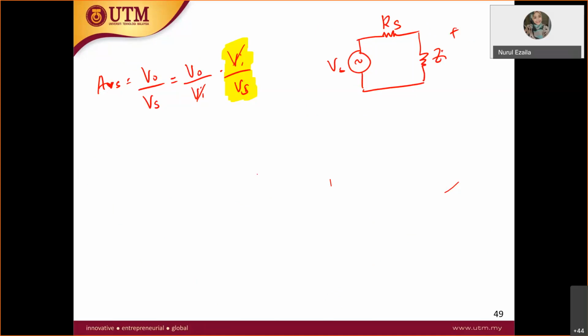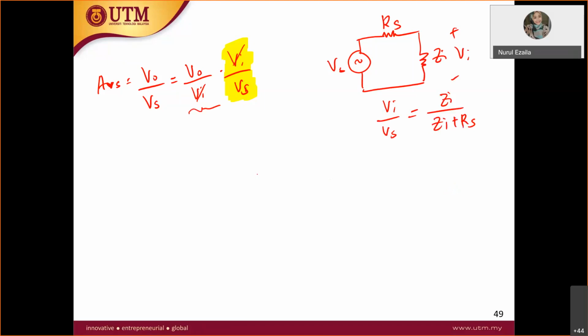So this is your V in. How do you find V in? You need to apply the voltage divider. So V in over Vs is actually equal to Zin over Zin plus Rs.